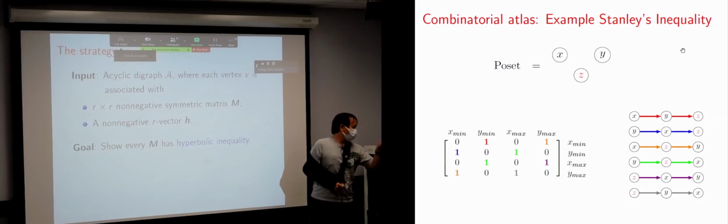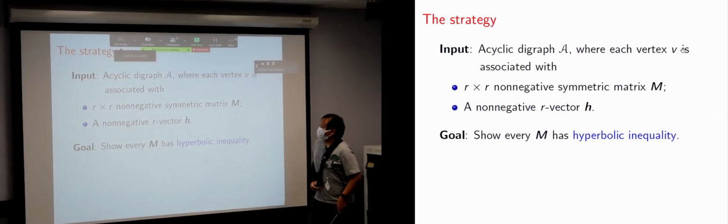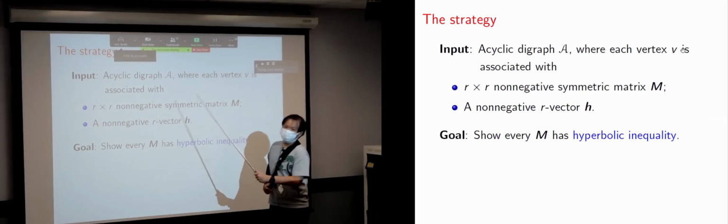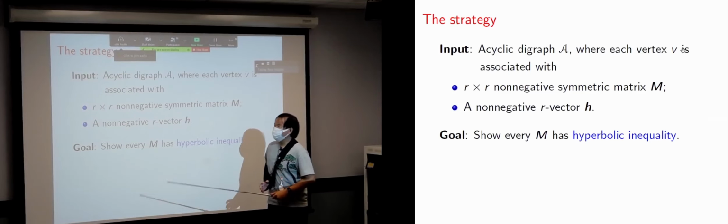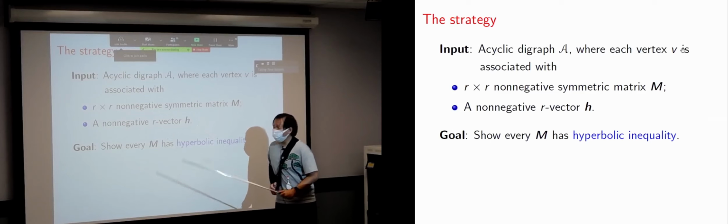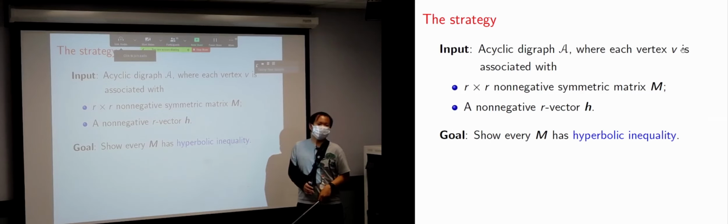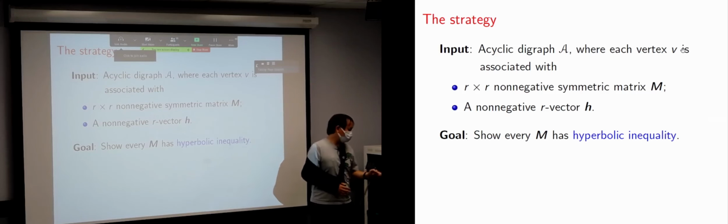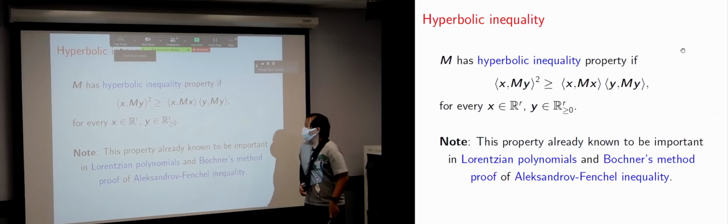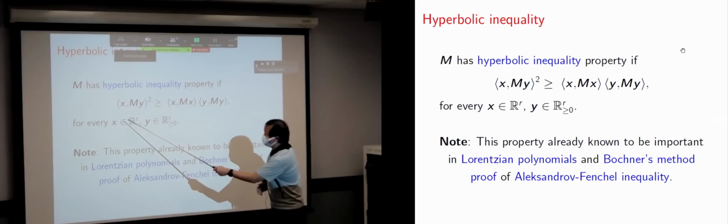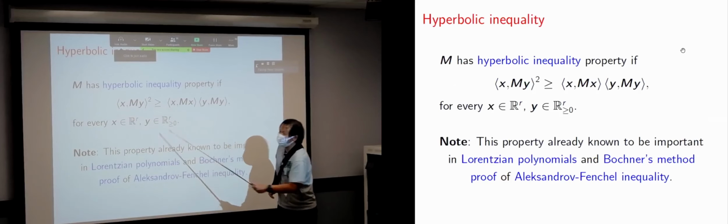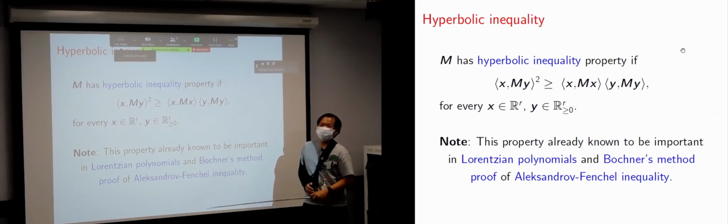Okay, no. Okay. So suppose that now we already have our combinatorial atlas. We need to do something with it. Our goal is to show that every matrix M here has the hyperbolic inequality property. What this means is that, let's say X is any vector and Y is any non-negative vector.